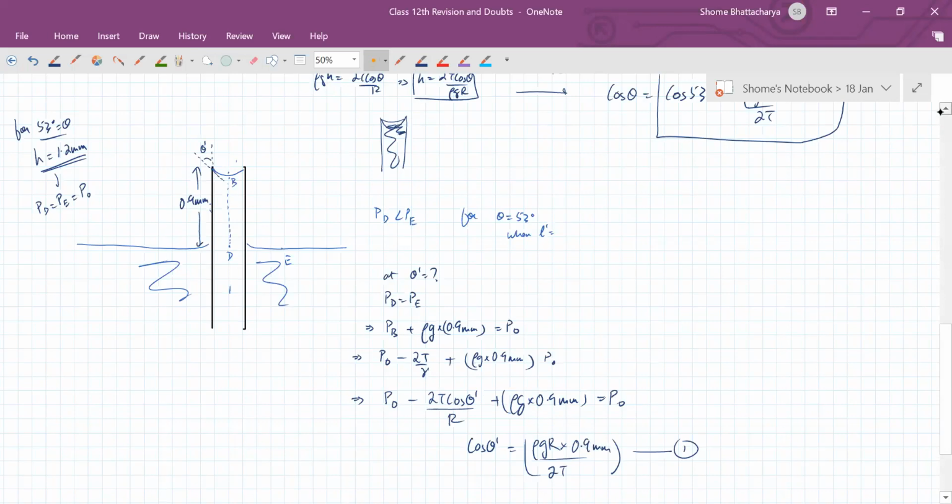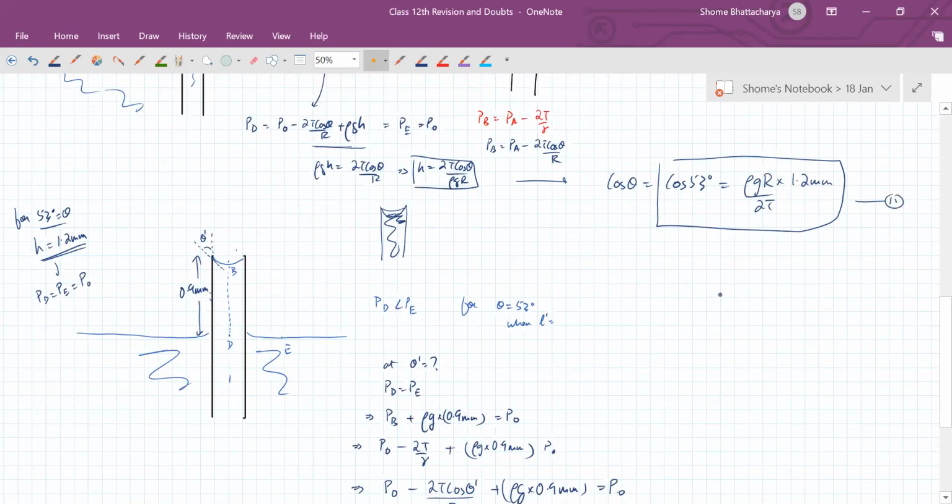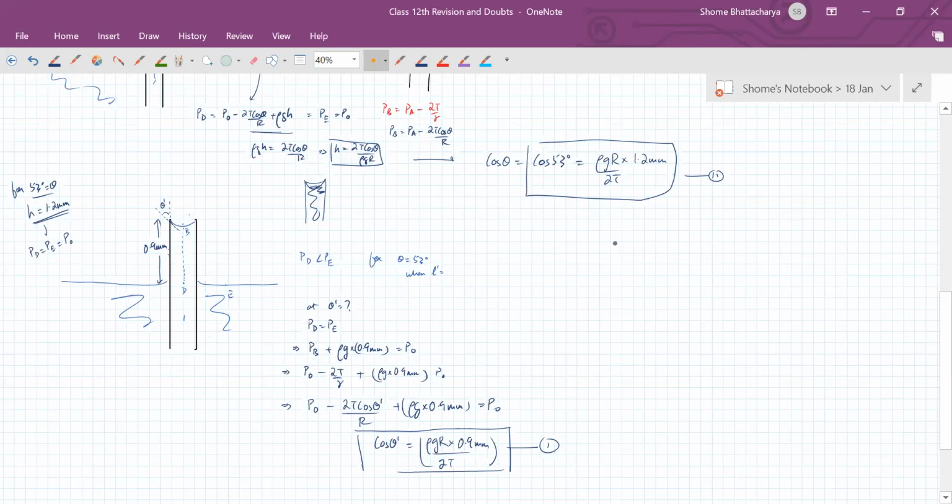So just now go back to this relation here and divide the two equations. You can see that cos theta prime upon cos 53 degrees will be equal to 0.9 upon 1.2. So that is 3 by 4.